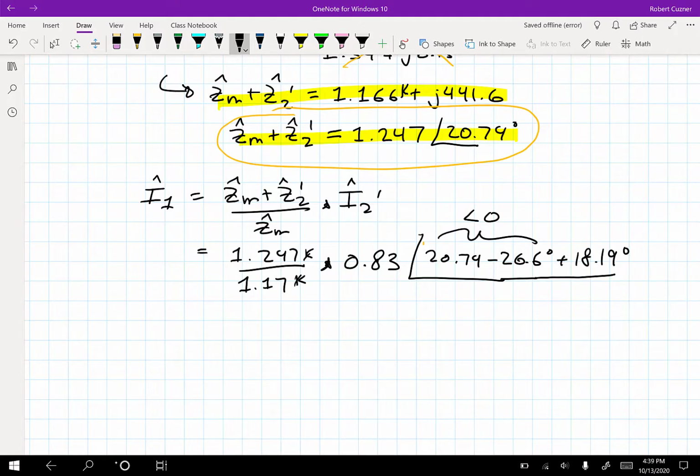I'm feeling good about this because this tells me that the transformer's going to make it less leading.